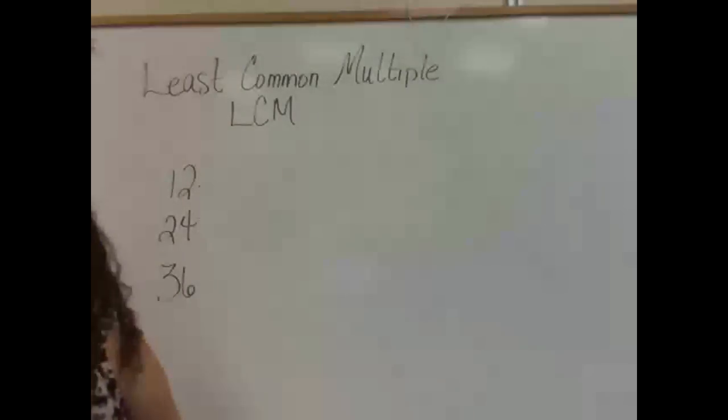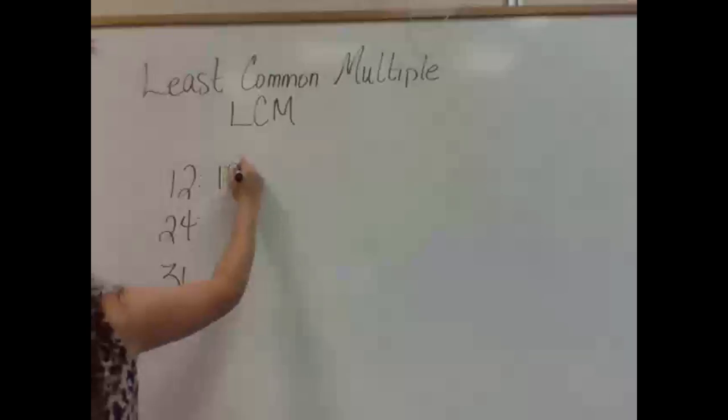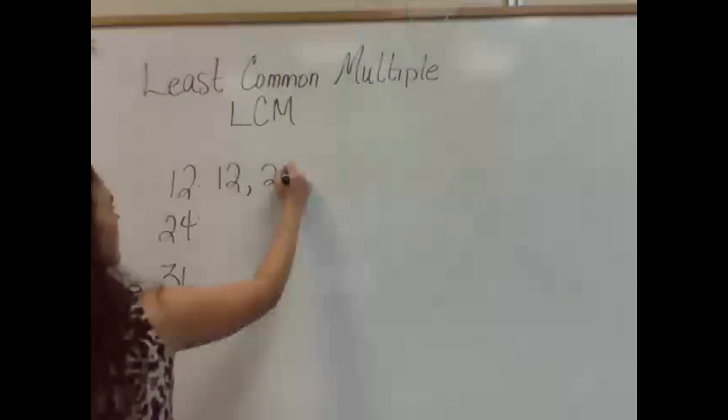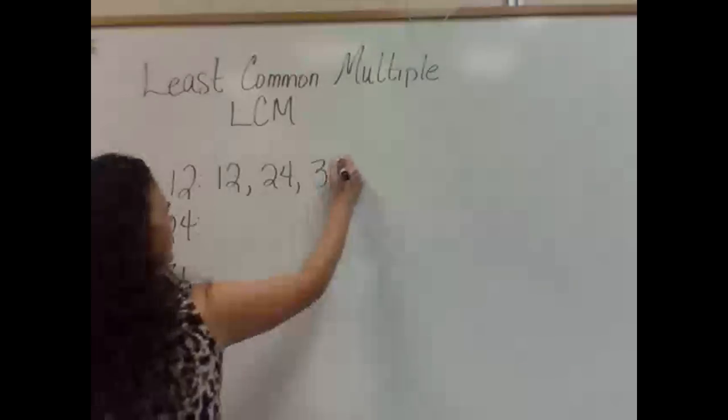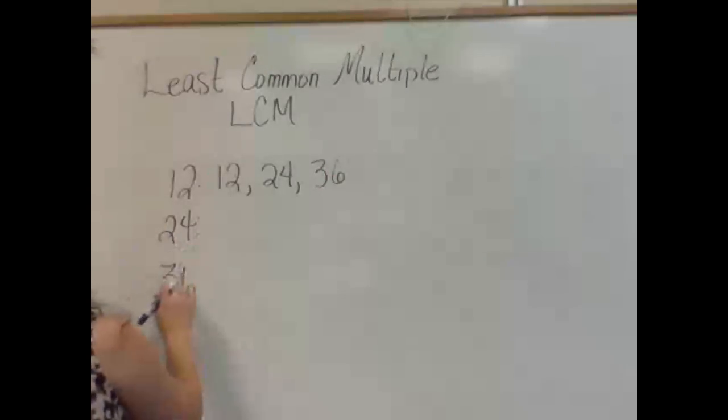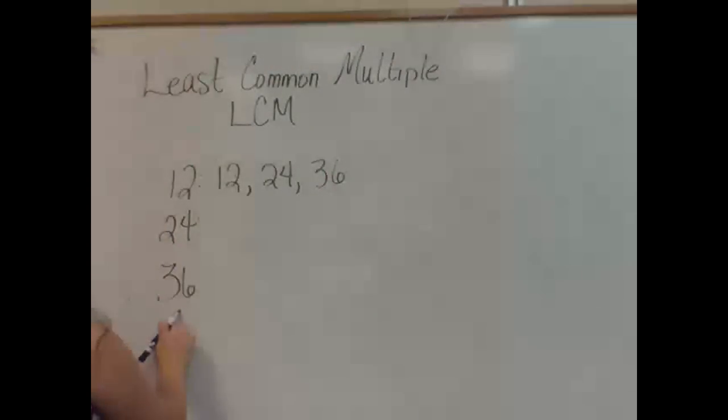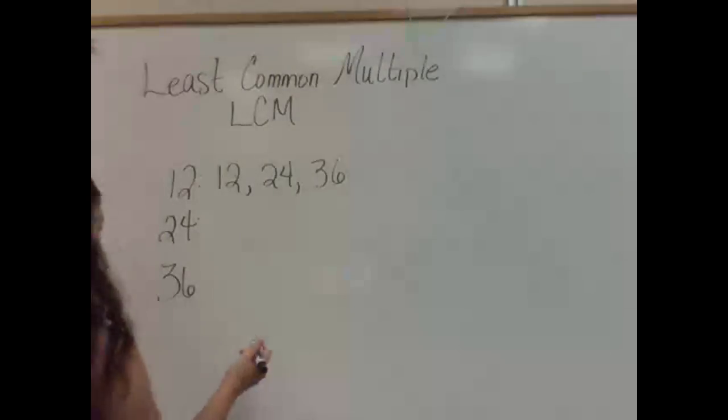Okay? So let's list the numbers. We'll start with 12, 24, 36, and I notice I already have a common multiple, but I'm not sure if I have a common multiple between all three yet. So I'm going to list a few more.